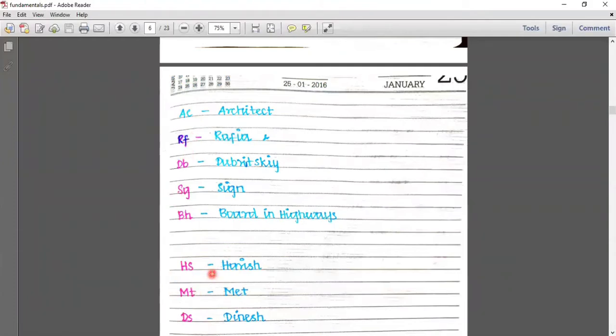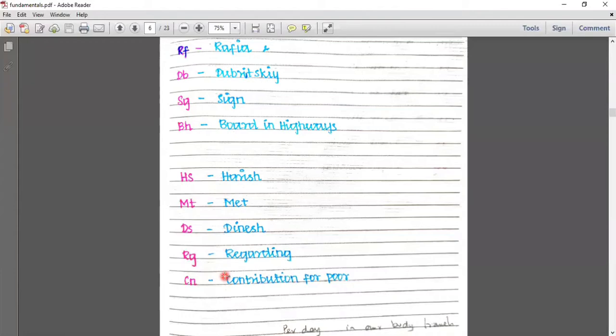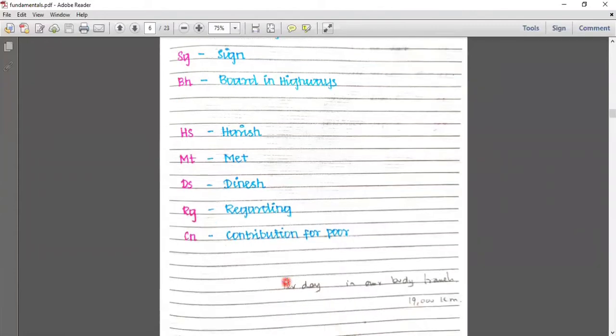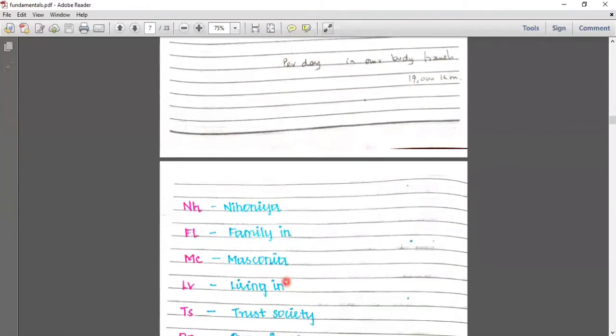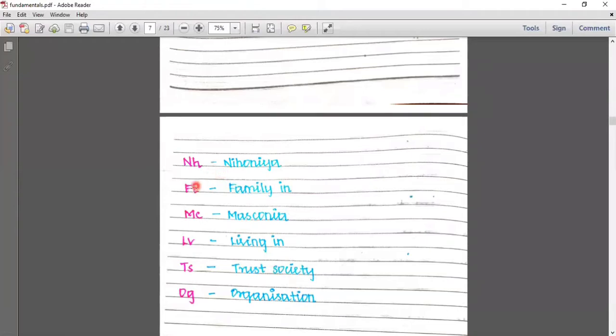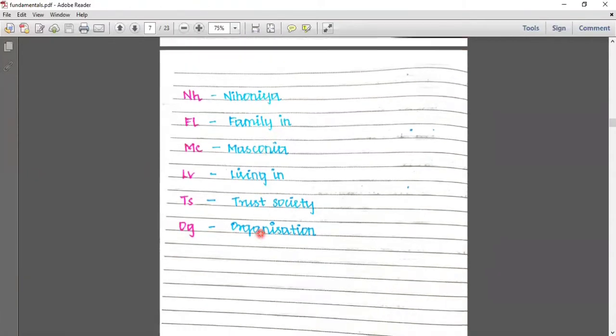"Arish met Dinesh regarding contribution for poor." Next, nihonium is a new element: flerovium, moscovium, livermorium, tennessine, oganesson. This is number 118. "Nehonia family in Mosconia living in Trust Society organization."